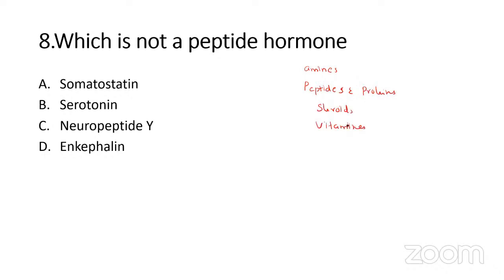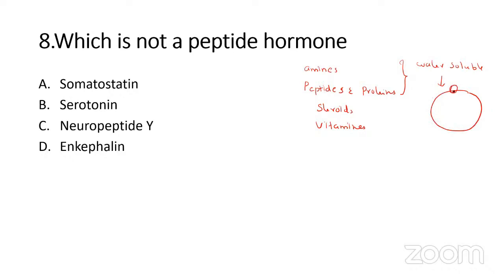Let's see an important point regarding the amines and peptides. Amine and peptide hormones are water soluble, so they cannot cross the lipid layer of the cell membrane. So they act on the surface. Suppose this is a cell.